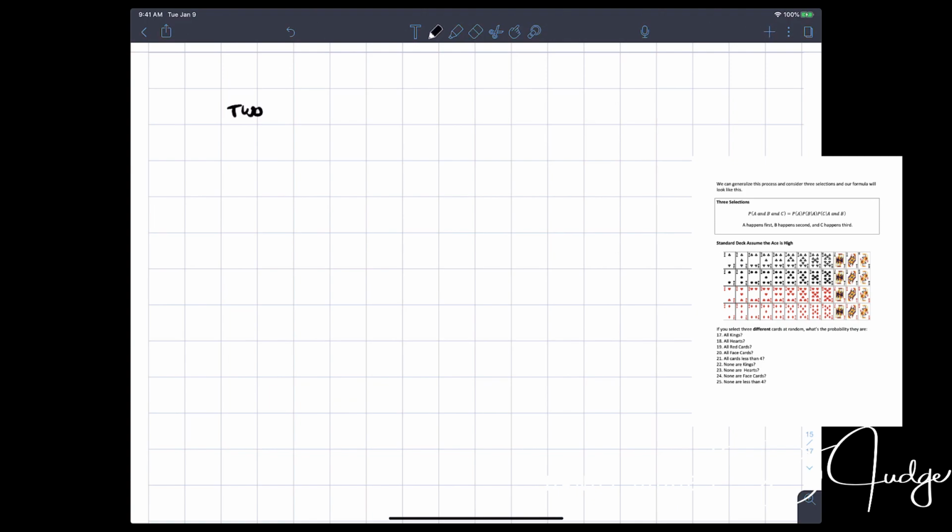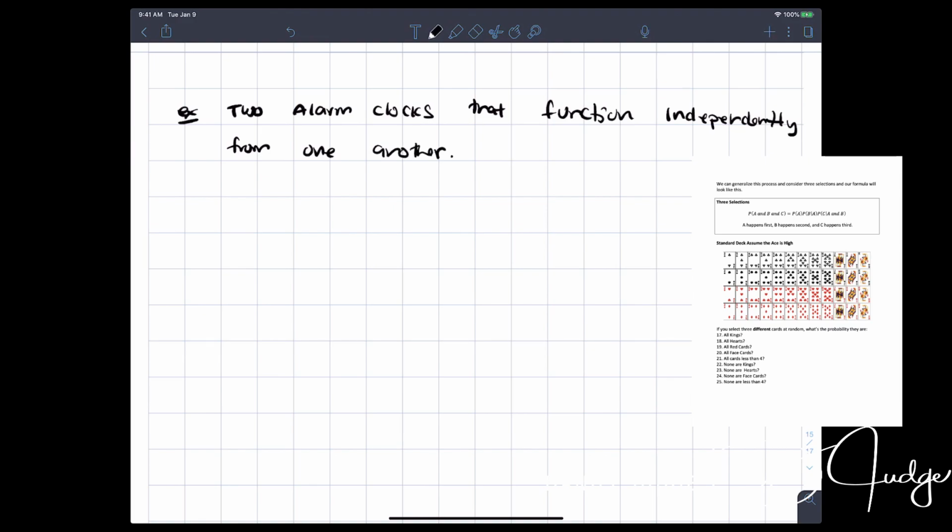You buy 2 alarm clocks that function, here's the word, independently from one another.